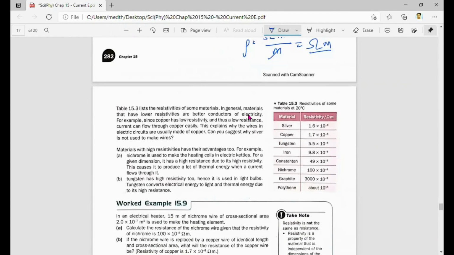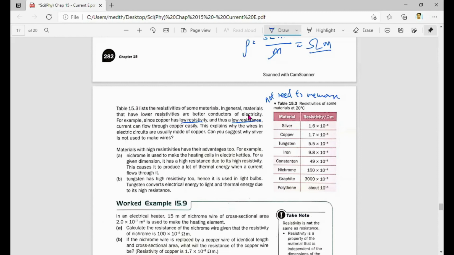Now, Table 15.3 shows the resistivity of various materials. Do take note, no need to memorize this. But I need you to know this: normally, low resistivity will result in lower resistance, and higher resistivity will result in higher resistance, assuming all other factors stay the same, the same length and the same cross-sectional area.